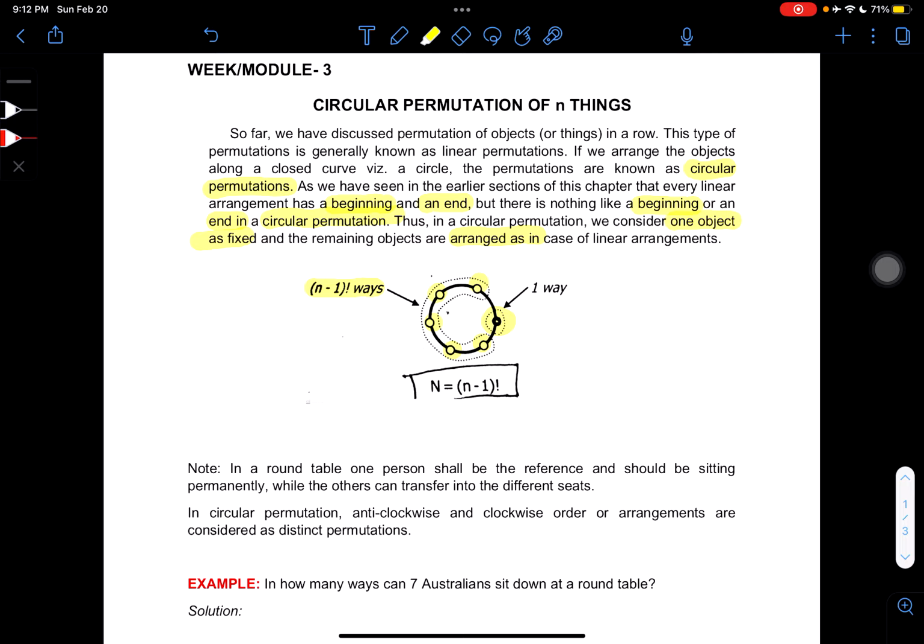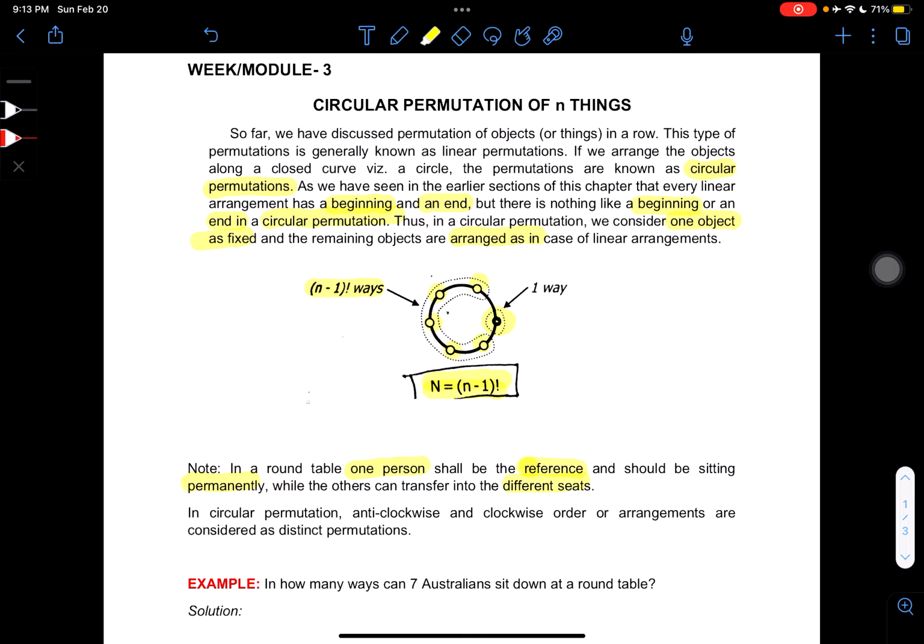To summarize, the formula for circular permutation is n is equal to n minus 1 factorial. Take note, in a round table, one person shall be the reference. So that one should be sitting permanently, while the others can transfer into different seats.